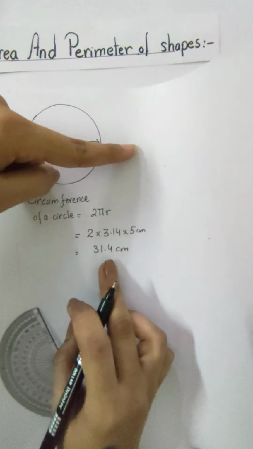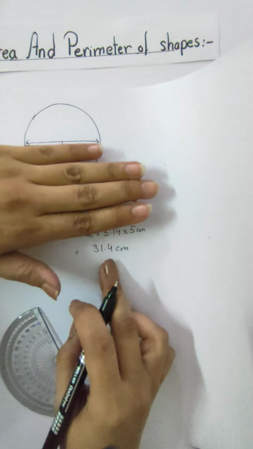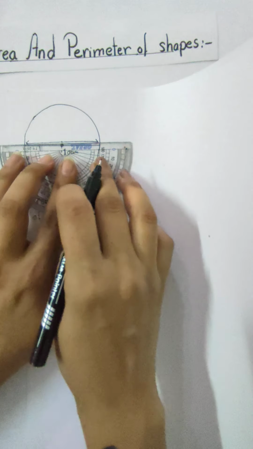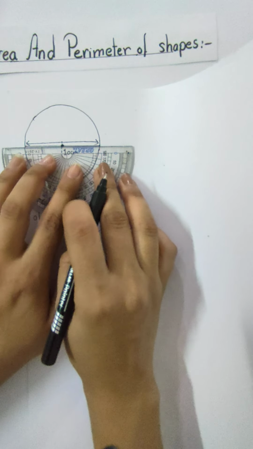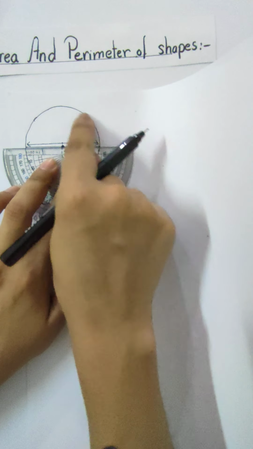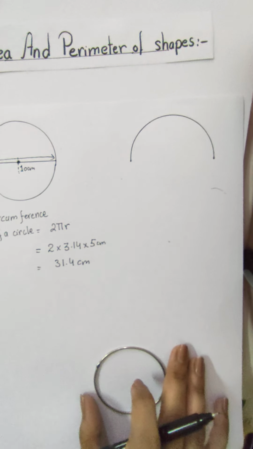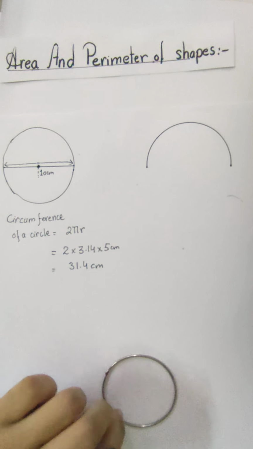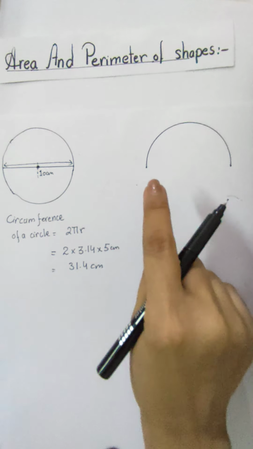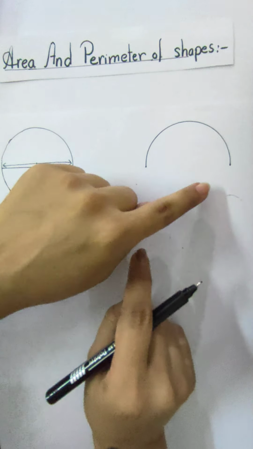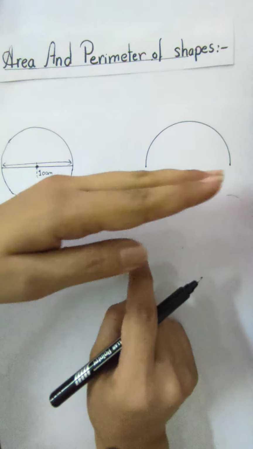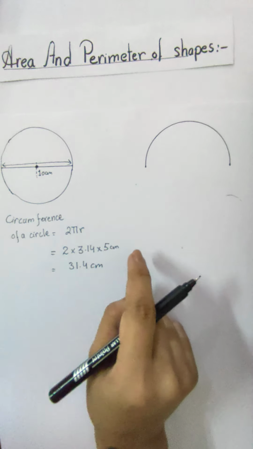Let's suppose I want to find out the half circumference of the circle, just this boundary line. I will draw it here. It is the half circumference, meaning the circumference of a semicircle. Semicircle means the half of the circle.